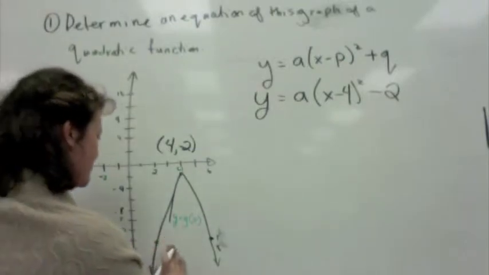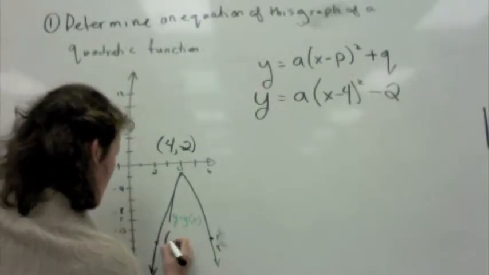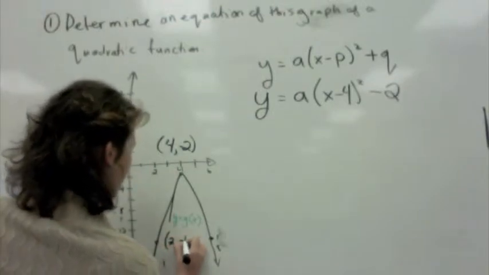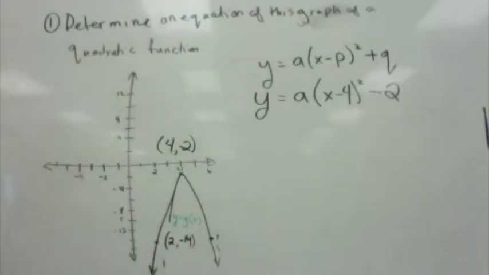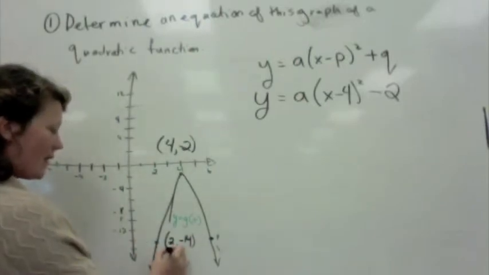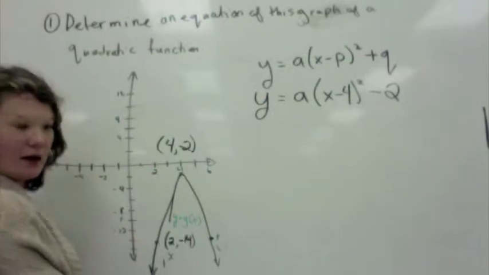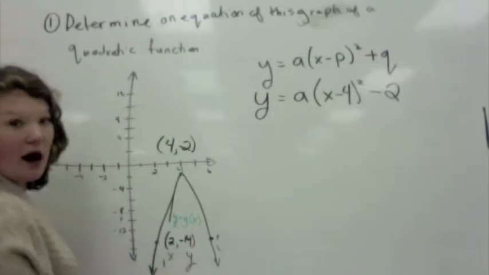So then this point is actually 2, negative 14. Sorry about that, guys. This point right here is 2, negative 14. So this is our x value. This right here is our y value.